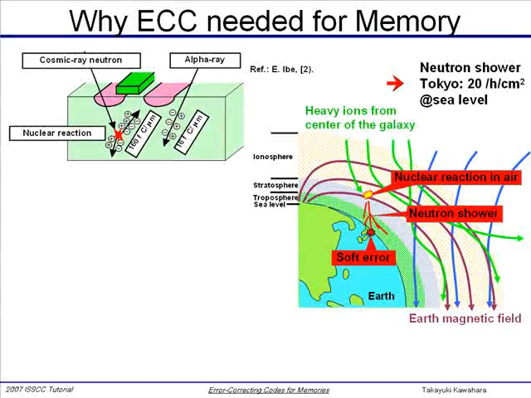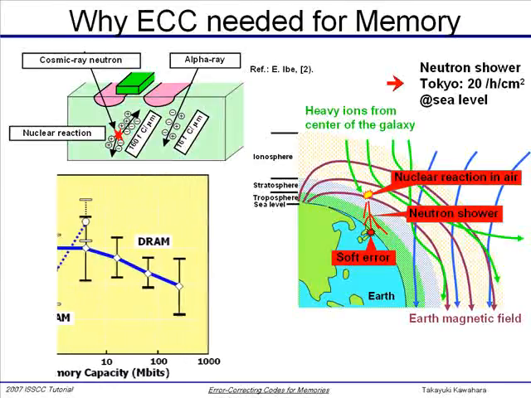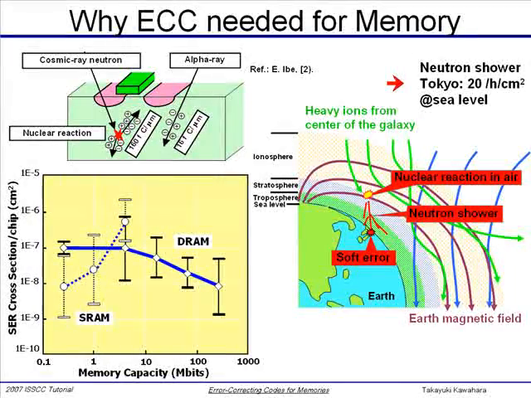So therefore, there is an expectation. The DRAM, of course, is very three-dimensional and has a very small drawing area, so it remains stable or even decreases. But for SRAM, the soft error cross-section is increased rapidly. I mean that this is very weak against soft errors.